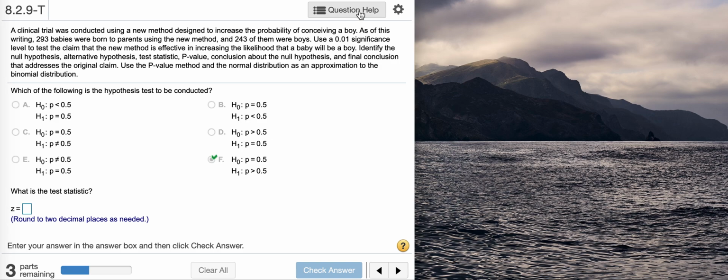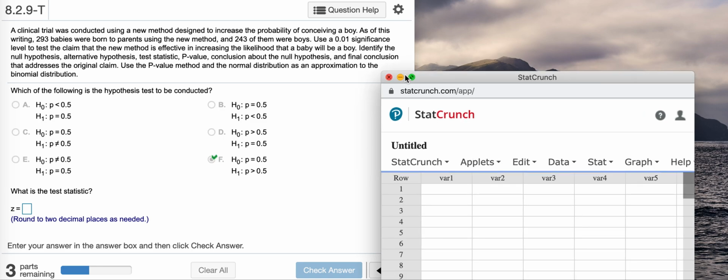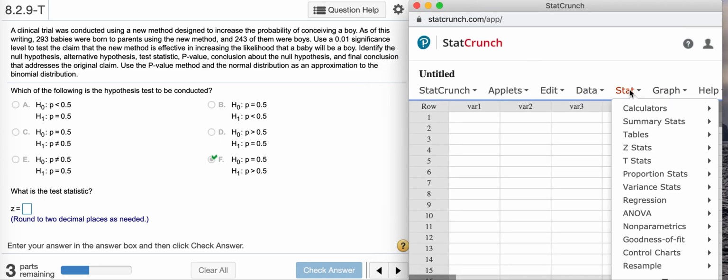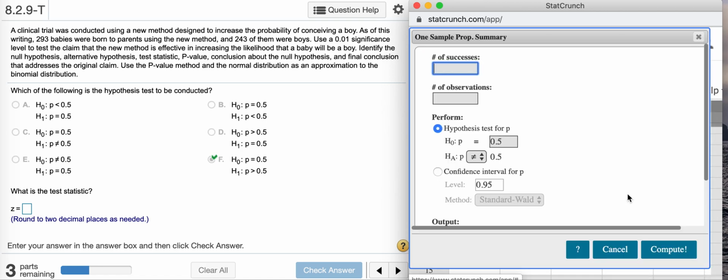So what I want to do is run this test in StatCrunch. So here we're going to go into StatCrunch. We're going to do a one proportion Z-test. So we're going to do stat, we're looking at proportions. This is a one sample test. And we actually have the summary data.